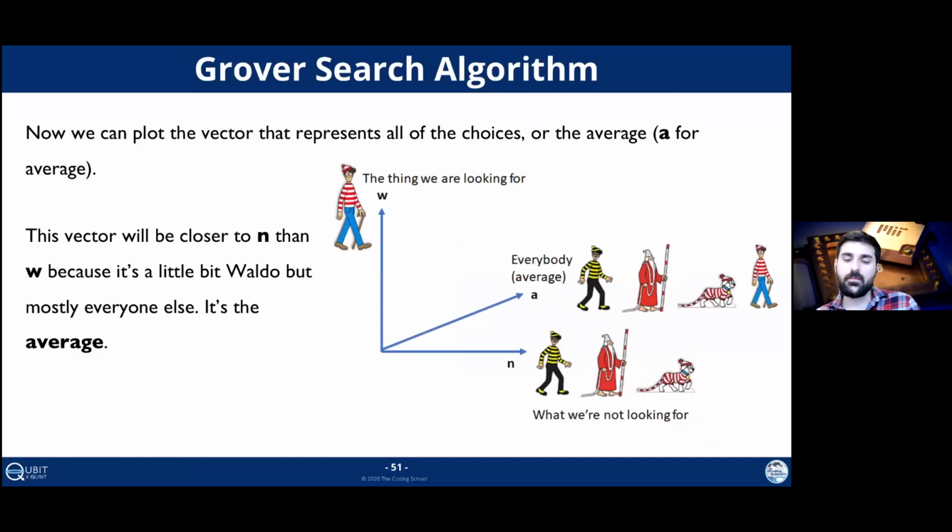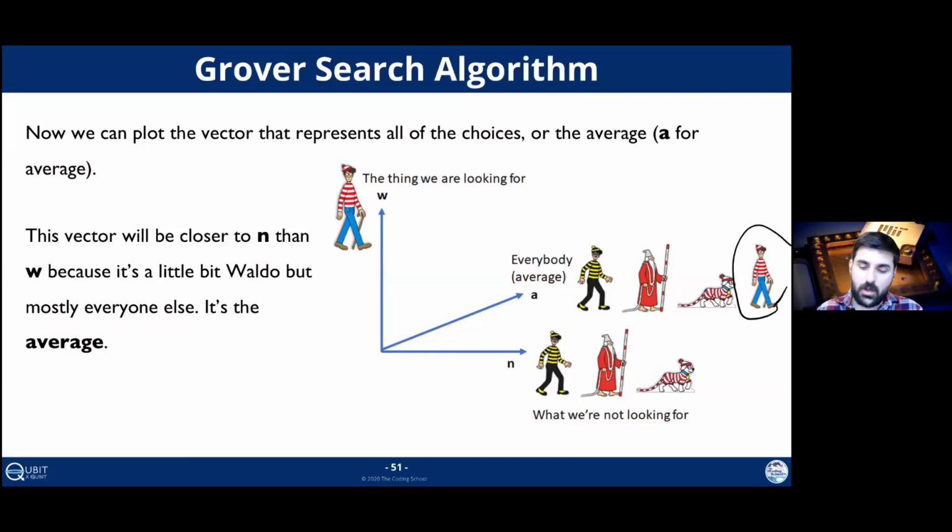Now we can plot the vector that represents all the choices. I guess in this case, we're calling it A for average, but it's generally the S state that we talked about, the equal superposition. And of course, that element initially does include Waldo, but it also has all these other elements.